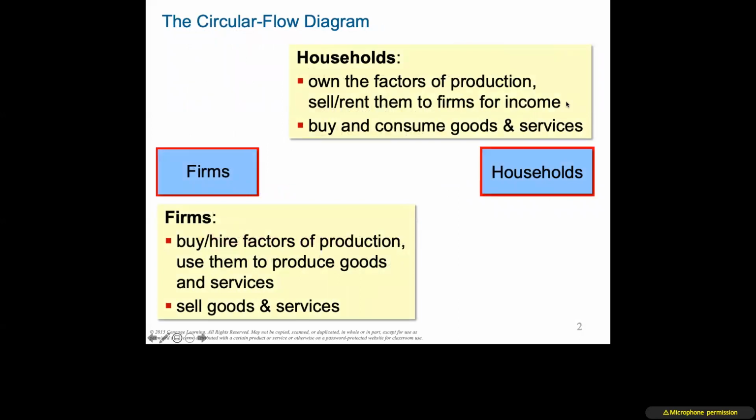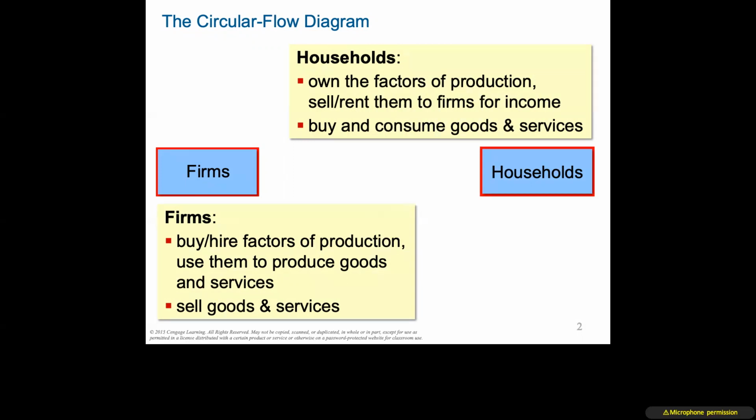Remember the circular flow diagram, households own the factors of production. And we rent or we sell them to firms for income. I know it sounds a little bit strange, but when you are working for a company, you are renting them your time, aren't you? Or selling them their time, depending on how you view it. Yes, we're not selling human beings, but we are selling time.